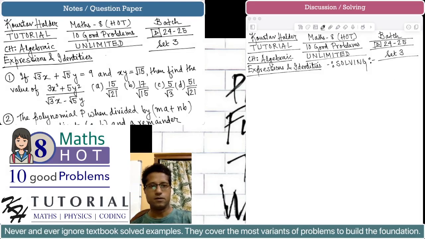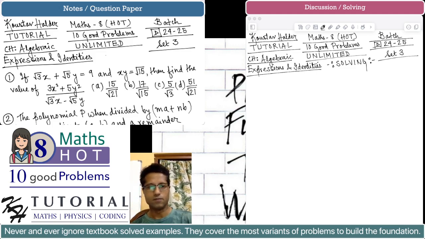Okay, so I have the 10 good problems question paper on the left hand side. These are all MCQ problems where one choice will be correct, and you should take approximately 3 or 4 minutes to solve a question. The entire problem set must be completed within 40 minutes. It is recommended that you first try to solve the problems yourself, and only when you are stuck, see this solution video as a reference.